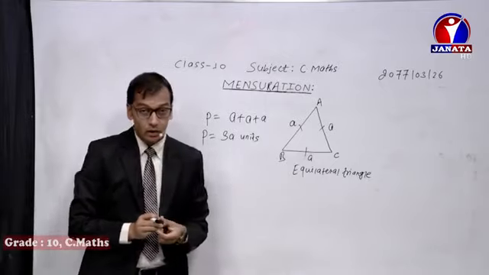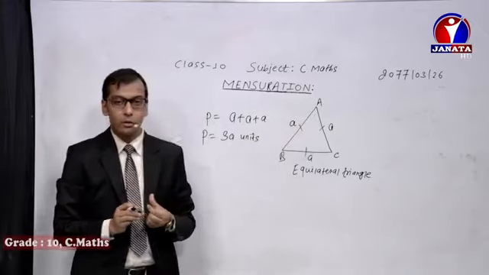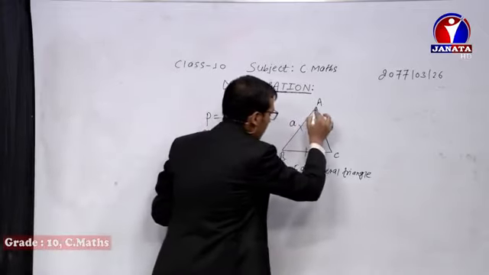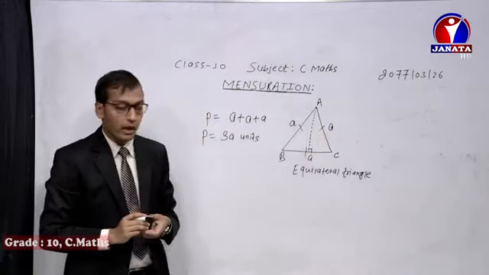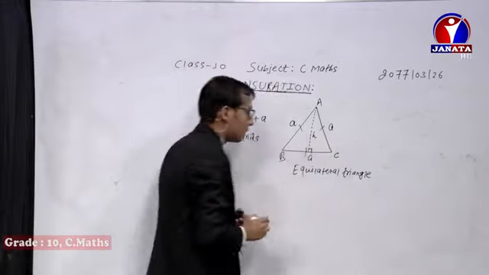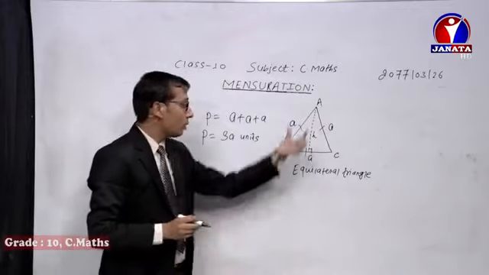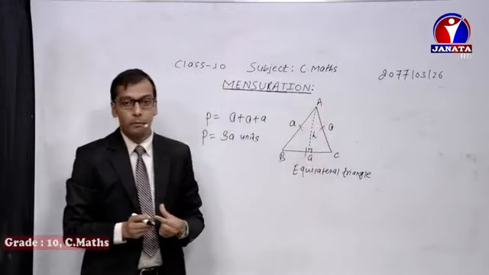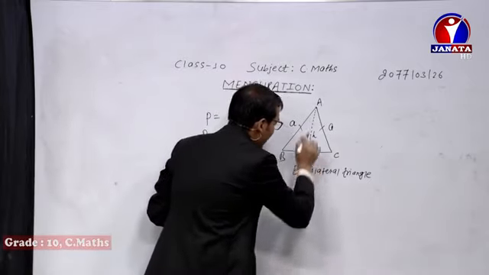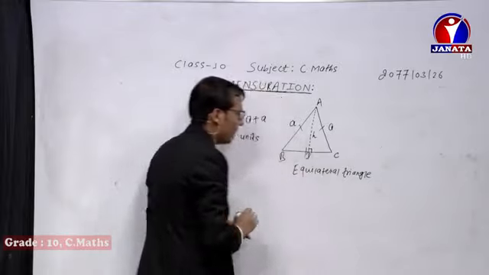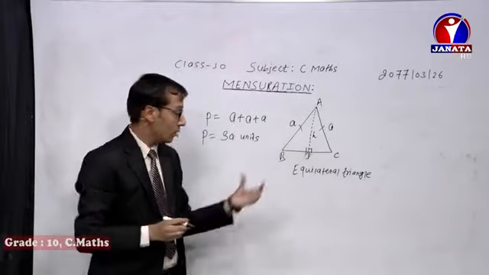What is the area? To find the area of this equilateral triangle, we can draw a perpendicular and find height. Height is a perpendicular line drawn from the vertex to its opposite side. Here, if we write this is point D, AD is height drawn from vertex A on the opposite side BC.